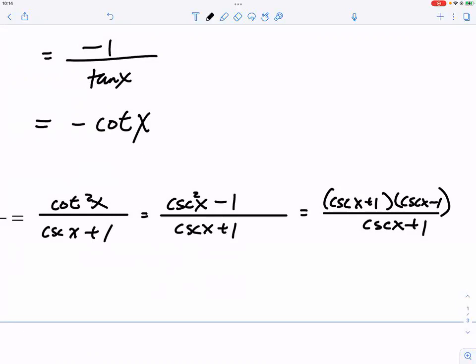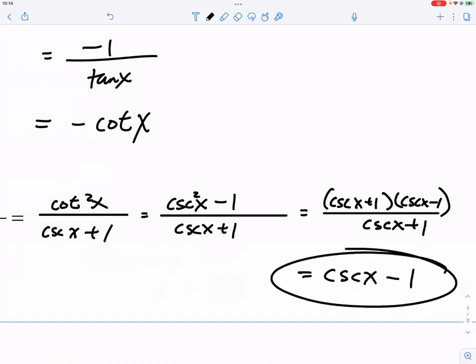Wait, hold on. What else can you do? Well, you can factor. Wait, hold on. If you factor, what can you do? Oh, they cancel each other out. So that is what we consider a simplified result.